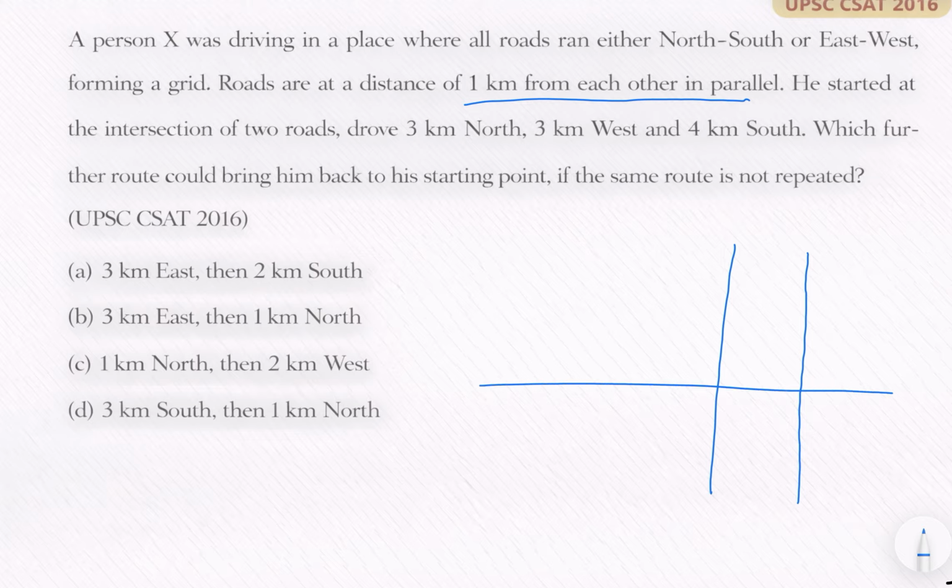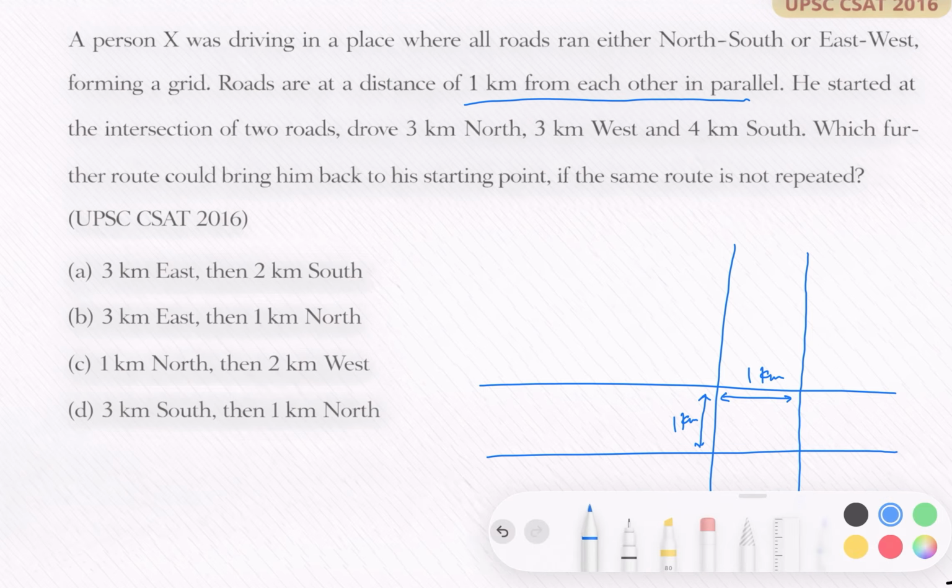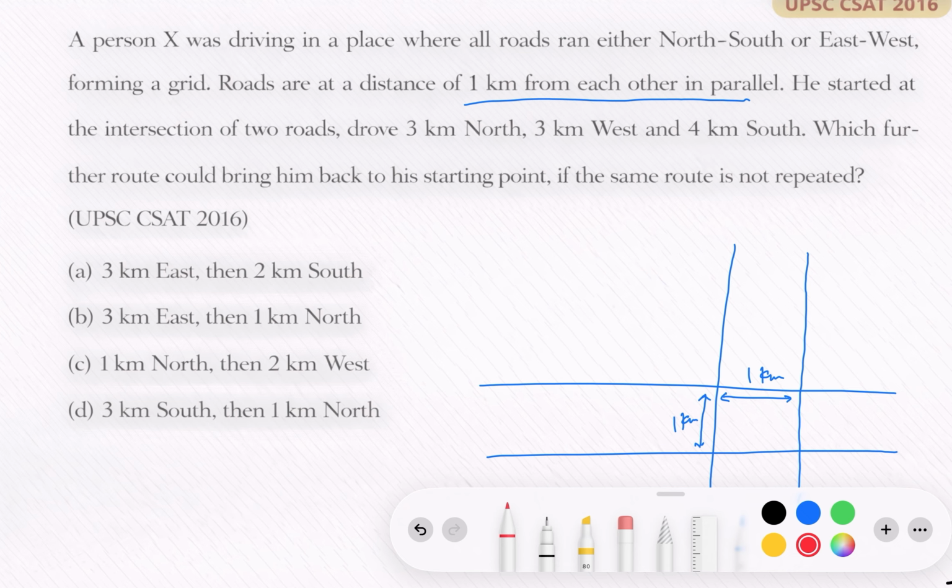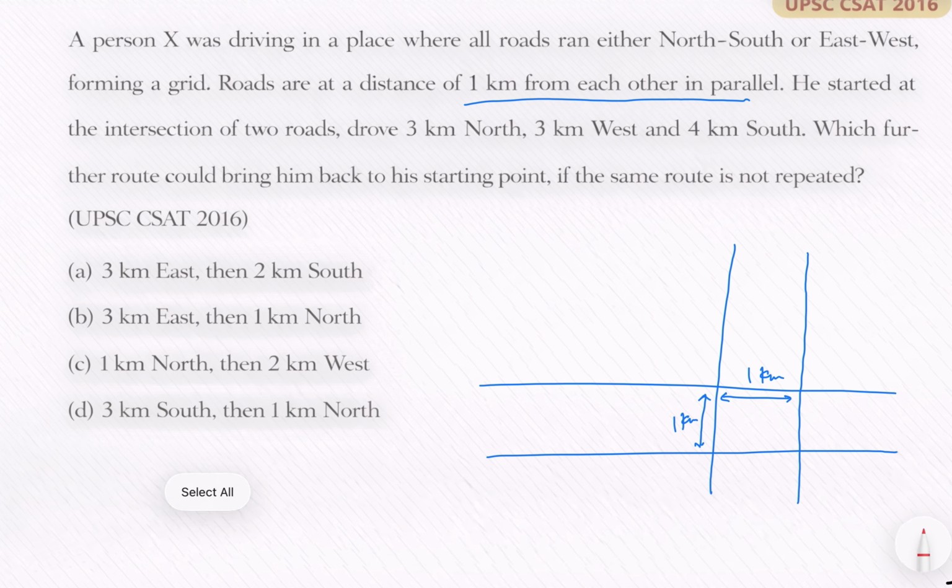Similarly, in the northeast, they have 1 kilometer distance between them. This is 1 kilometer. This is also 1 kilometer. The rest we have is given: he started at the intersection of the two roads and drove 3 kilometers north.